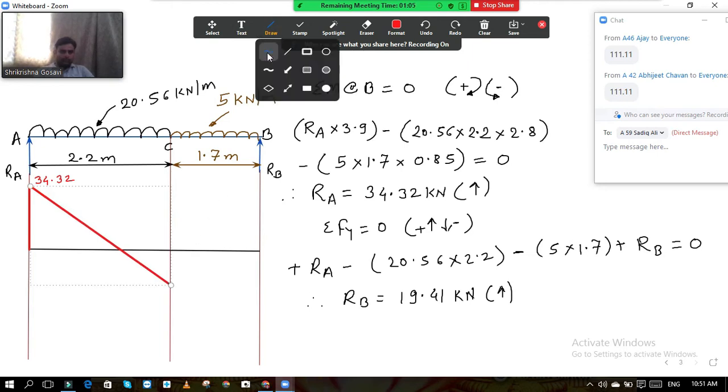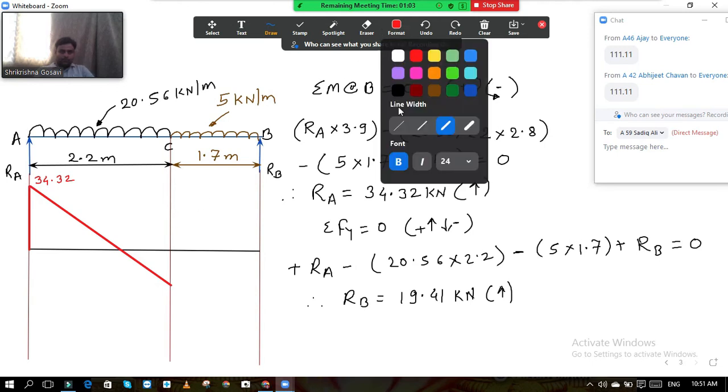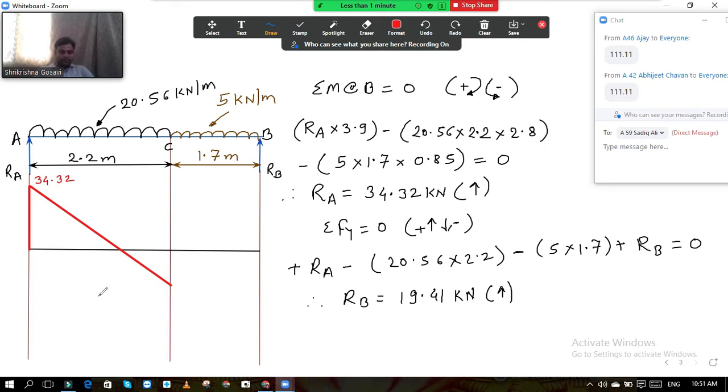Okay, this is 10.91, right? Then as you move from C to just before B, again there is a UDL which is moving down, and it is 5 kilonewton per meter.